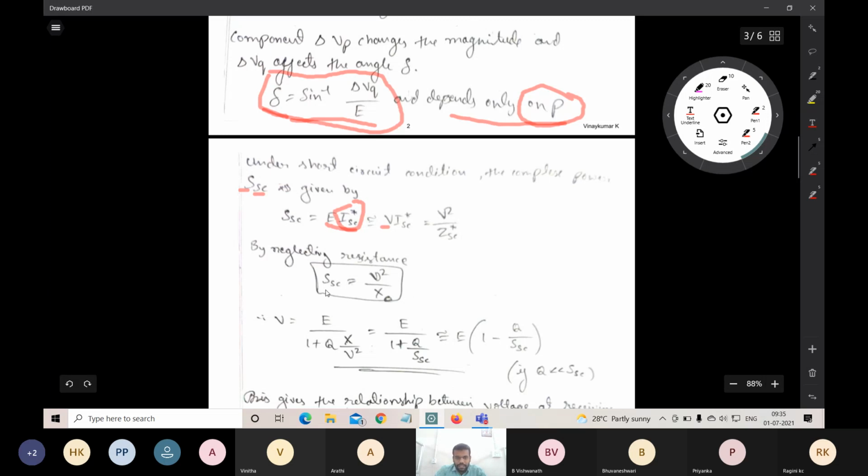So SSC, that is the complex power under short circuit condition, is equal to V square divided by X. You know this is Ohm's law.